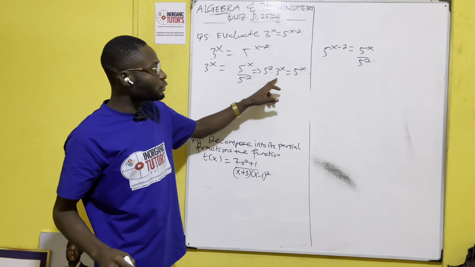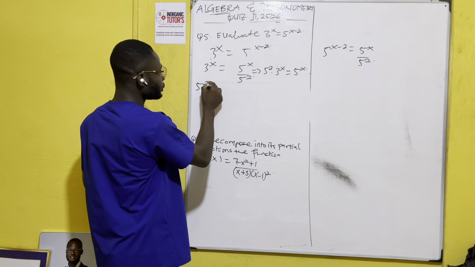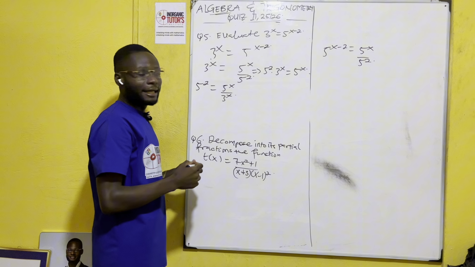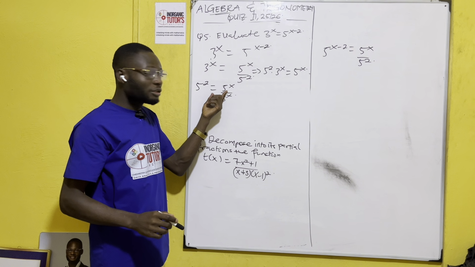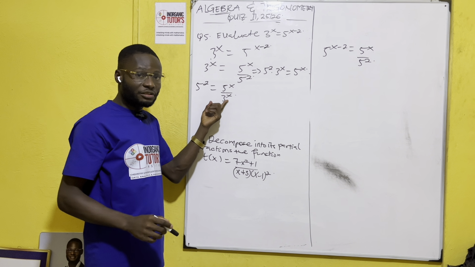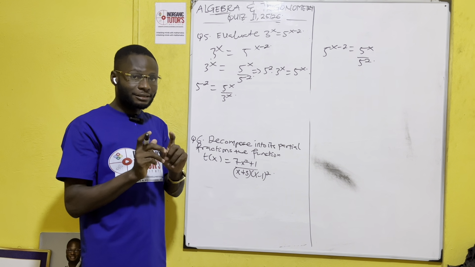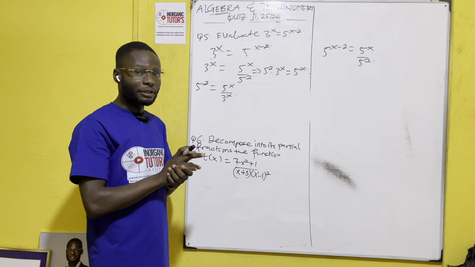So we divide through by 3 to the power x. So we have 5 to the power 2 equals 5 to the power x divided by 3 to the power x. Now we want to make x the subject. We can see that they both carry the exponent x, so we can put them in a bracket and put the exponent x on top.